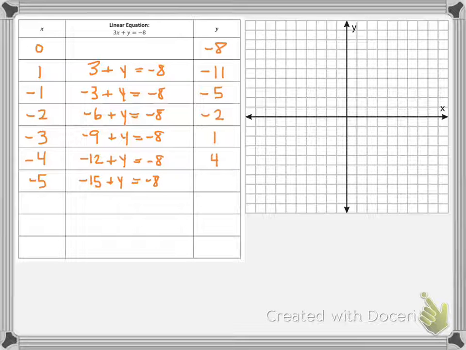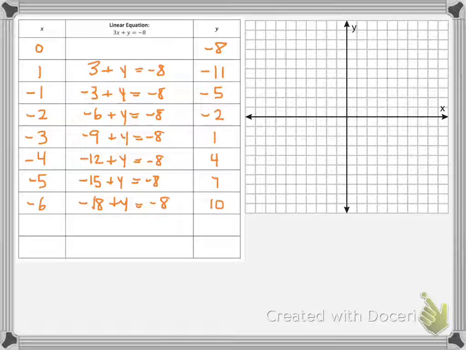Add 15 to both sides, I get a positive 7. And let's do another one. Negative 6 times 3 would be a negative 18, plus y equals a negative 8. And if we add 18, we get y equals 10. And I'm gonna stop there because those will fit on my graph nicely.